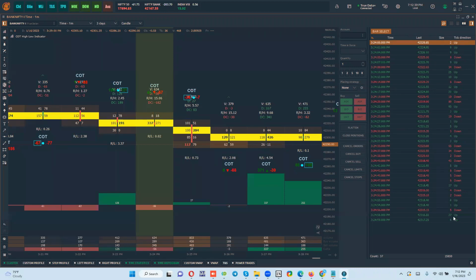Now, when you add up all this, we get the net delta. So in this particular case, the delta is minus 56, which, if you attended the past order flow webinars, you know what delta is all about. This delta is nothing but the quantity traded by the buyers minus the quantity traded by the sellers.